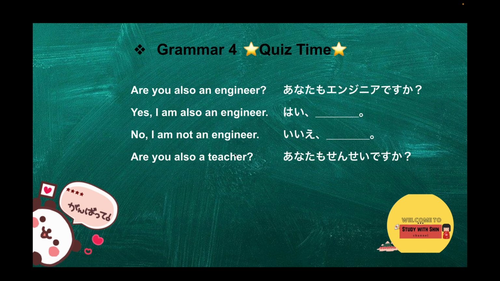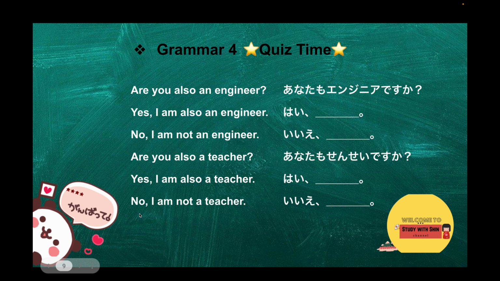Now, I will ask you another question. Are you also a teacher? That would be あなたも先生ですか? If you are a teacher, you can say, yes, I am also a teacher. はい. And then what would you say?